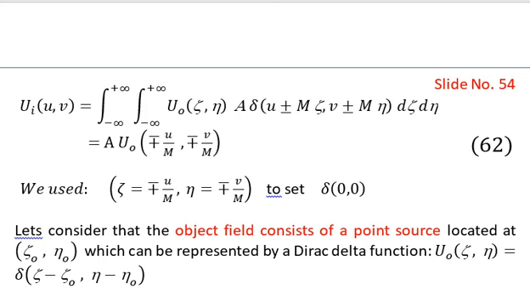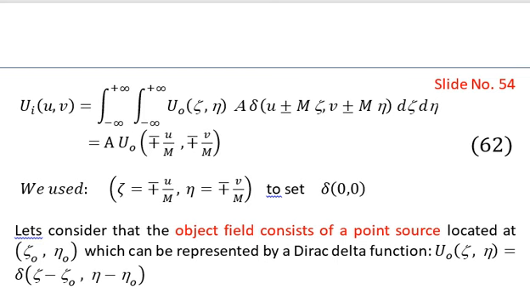In the integral we have the field at the image plane as a function of u, v on the left hand side, and the integral contains u naught, the field at the object plane, and then a times delta of u plus minus m times zeta and v plus minus m times eta. This is the delta function we have there because we are assuming that the value of kappa is this.